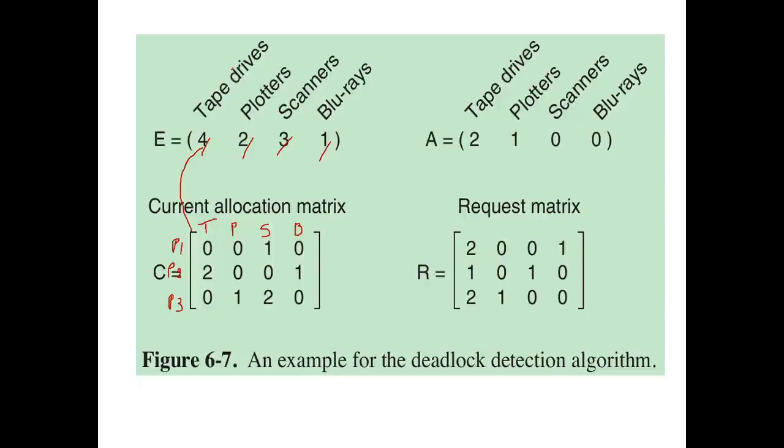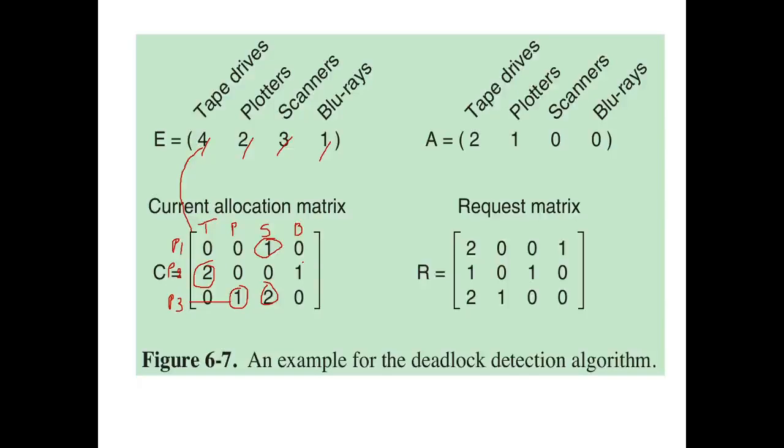So some of the tape drives are allocated to the processes. See, 2 tape drives are allocated to process P2, 1 plotter is allocated to process P3, 1 scanner is allocated to process P1, and 2 scanners are allocated to process P3.